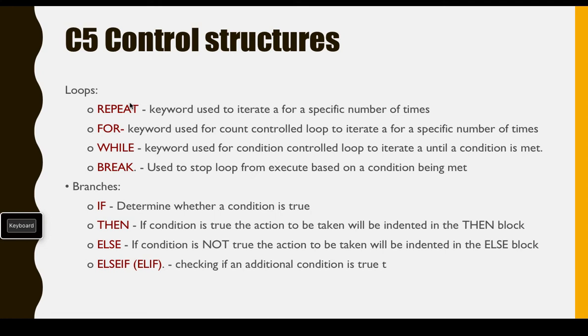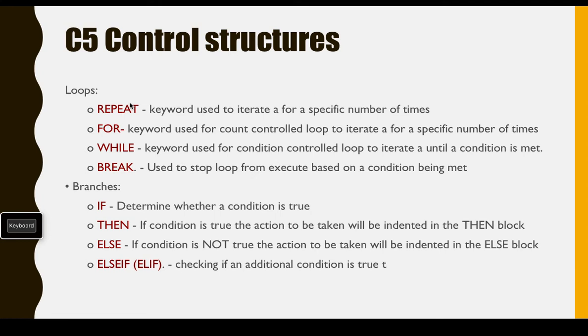Then we've got the for loop. Again, in your practicing of your programming lessons, you would have seen a for loop. You've also got the while loop. The difference between the two is that a for loop is a count controlled loop, which means that we keep iterating up to a specific number of times that we've specified. A while loop would only loop until a condition is met or not met, as the case might be.